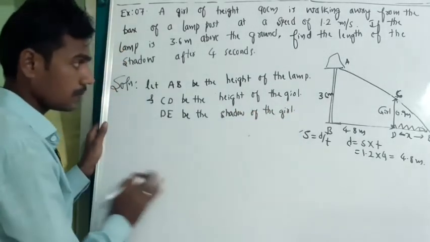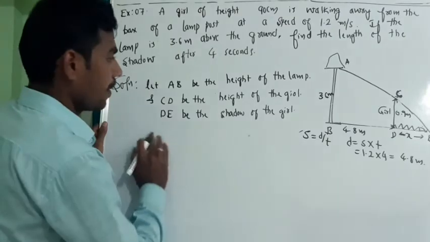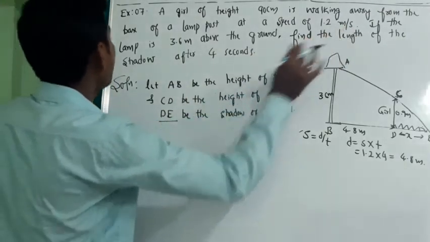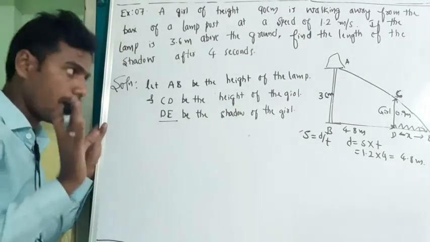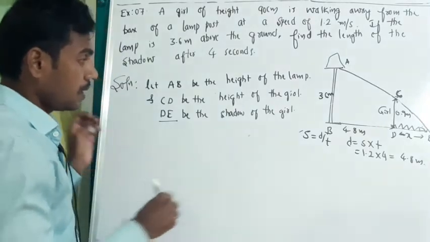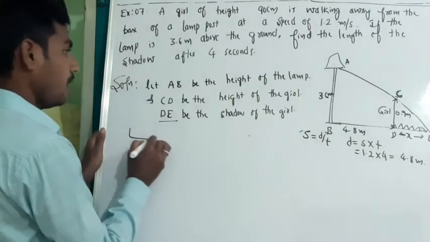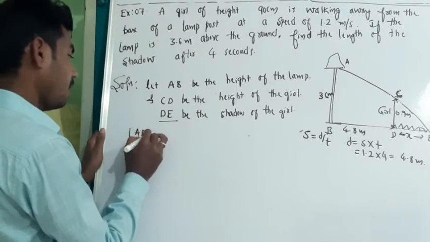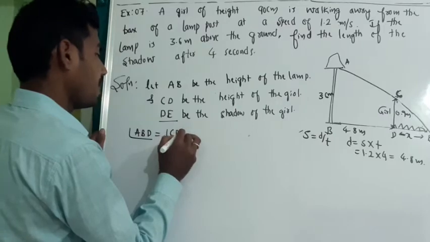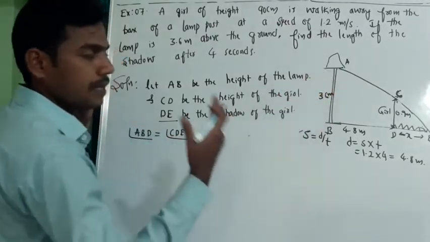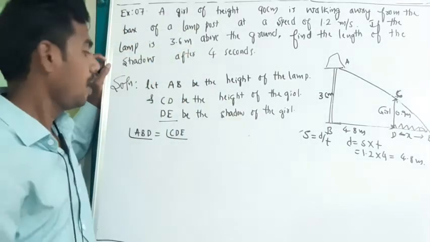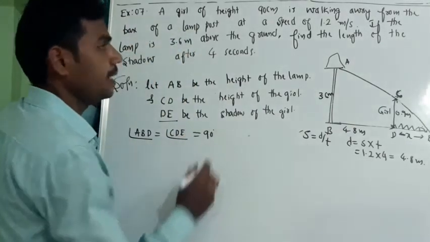So if I find DE, we'll get the answer, that is, the length of the shadow. One more thing, can I write angle ABE is equal to angle CDE, because the lamp is perpendicular to the ground and the girl stands perpendicular to the ground. That will be equal to 90 degrees.